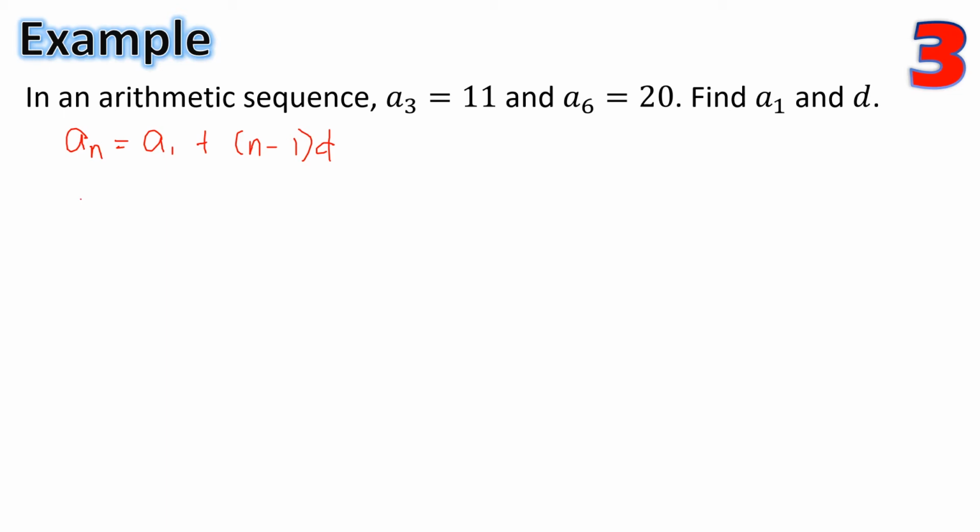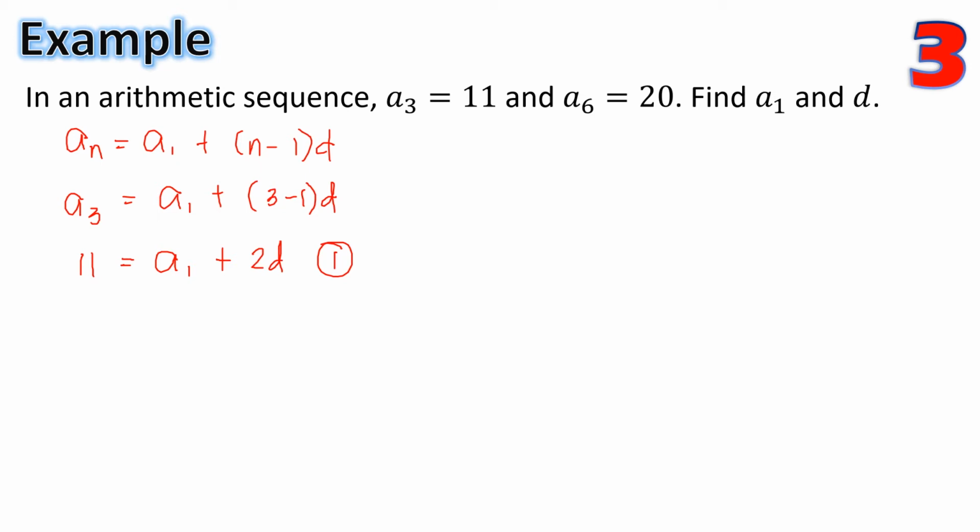For a sub 3, we have a sub 3 is equal to a sub 1 plus 3 minus 1 times d. Hence, substituting a sub 3 equals 11, we have 11 is equal to a sub 1 plus 2d. Let us have this as our equation 1.